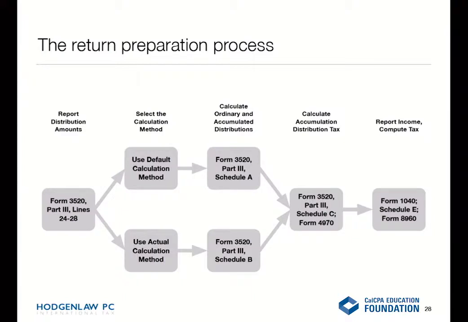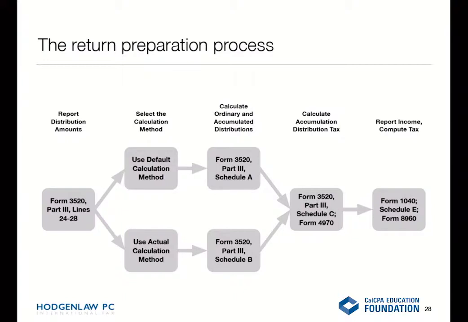So first of all, you're going to be starting with Form 3520. In Part 3, lines 24 through 28, you report the distribution amounts. You tell the IRS the dates of the distribution, what you received, how much it was worth, whether you gave any consideration in return. This tells the IRS the amount of the actual distribution.